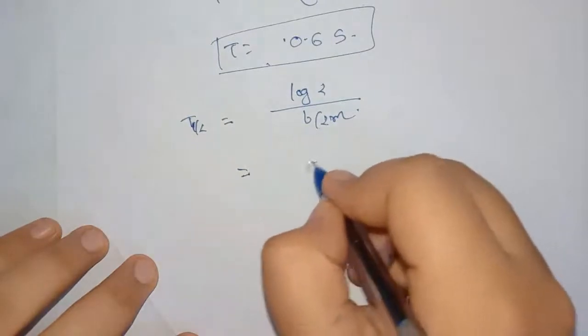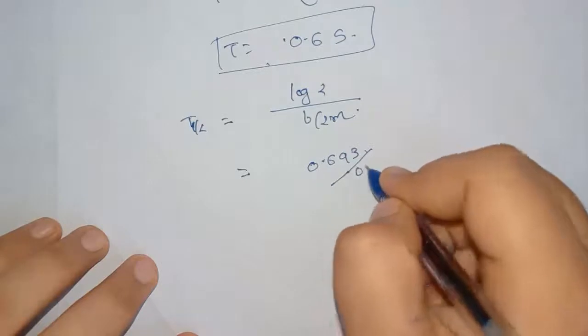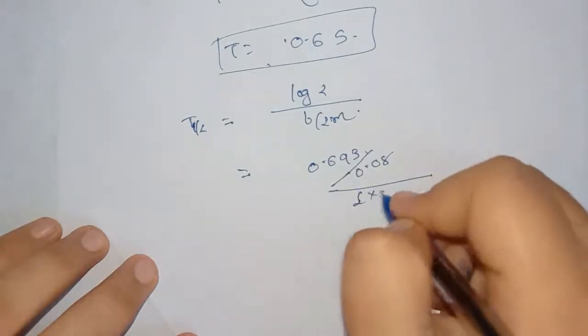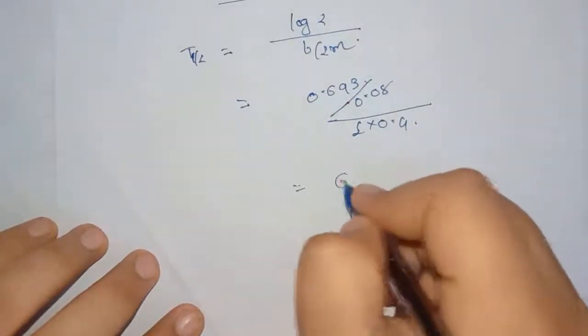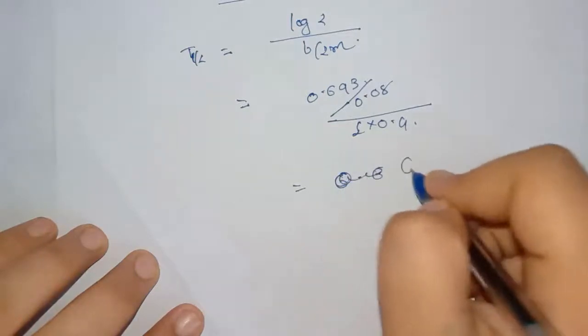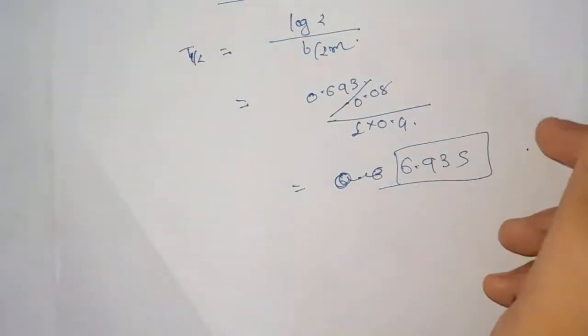So that will be 0.693 divided by 0.08 divided by 2 into 0.4. So the t half will be 6.93 seconds.